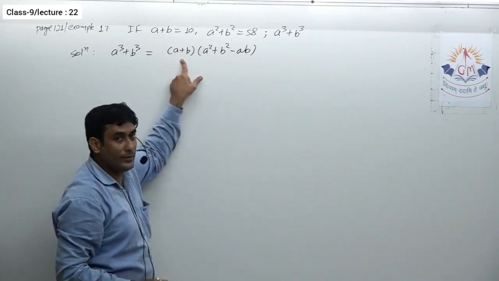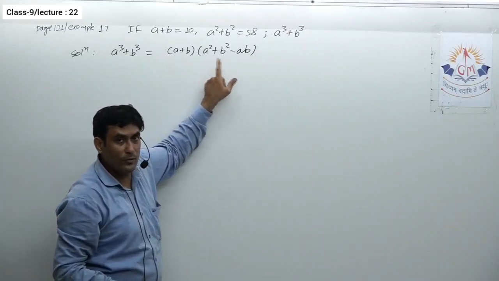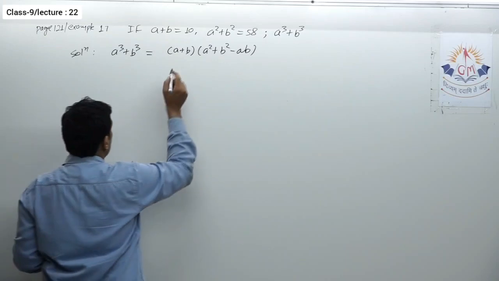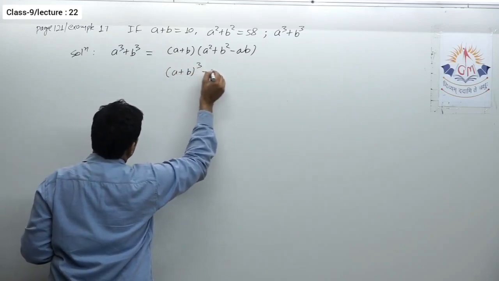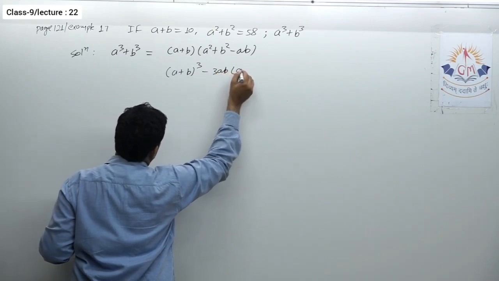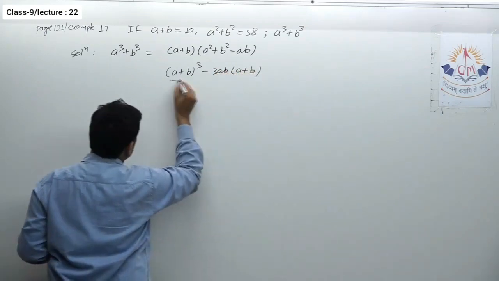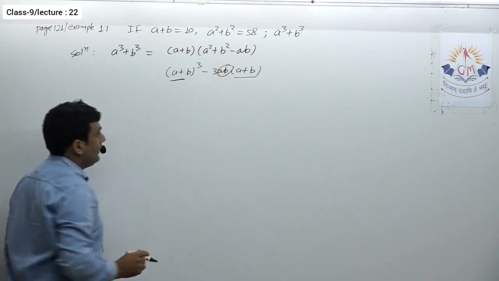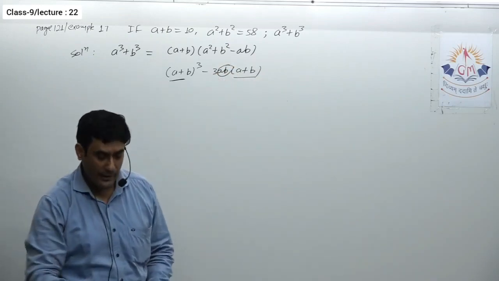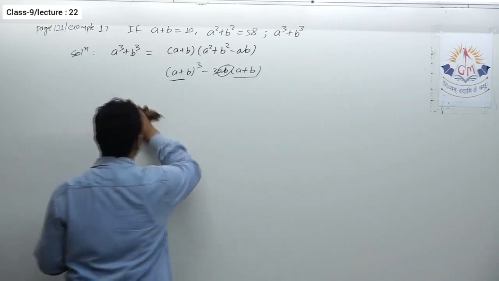A plus b is given directly, a square plus b square is also given directly. Now suppose I apply the other method, that is a plus b whole cube minus 3ab into a plus b. Here again we need to find ab in both the cases. So we can use any method. I am using the first one.